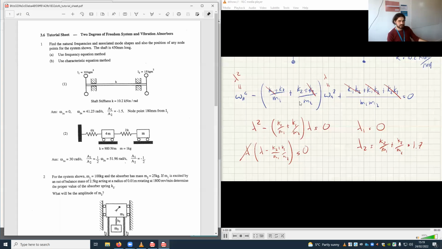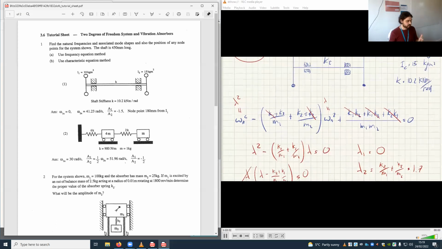Did I copy this wrong? I don't think I did. K2 over M1 plus K2. Yes. In kilonewtons. Yes. Thank you. See? Units. It's in kilonewton meters. So it's 10,200 newton meters per radian. Thank you very much. See, this is very easy to get wrong if you don't care about the units, as I am doing right now.